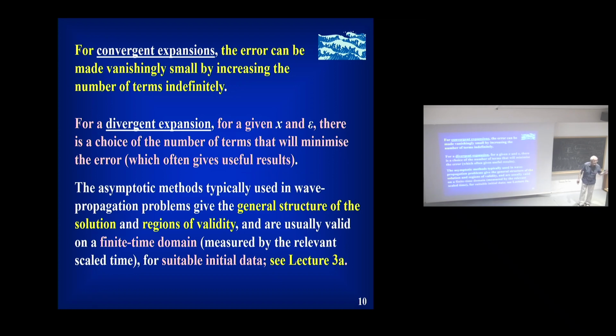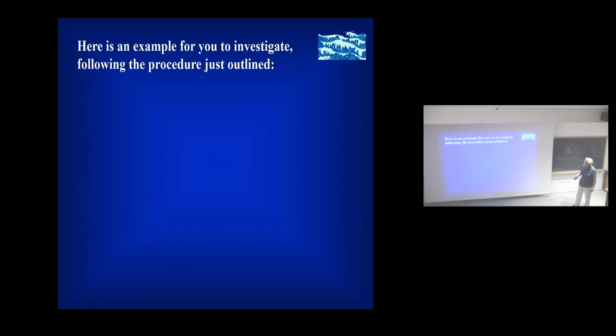Now, you can't let time go to infinity, but you can do it on a restricted time domain, and maybe we can get some numbers to be precise about that, given suitable initial data. I'll say a little bit more about that in 3A, when I'll be touching on the Korteweg-de Vries equation. Oh yes, well, I've put it in the notes, so if you're interested, try and do it without looking at the notes, but I've given you the answer.